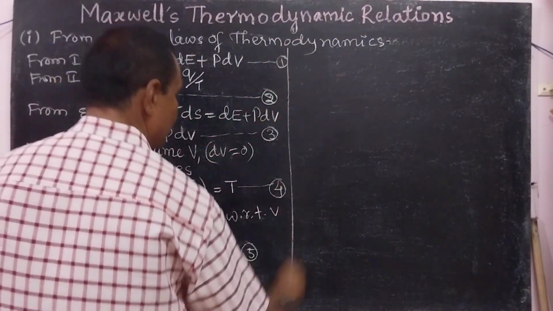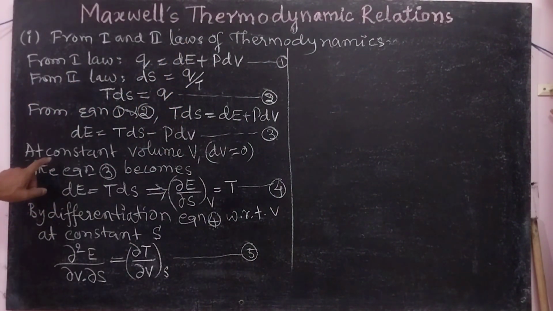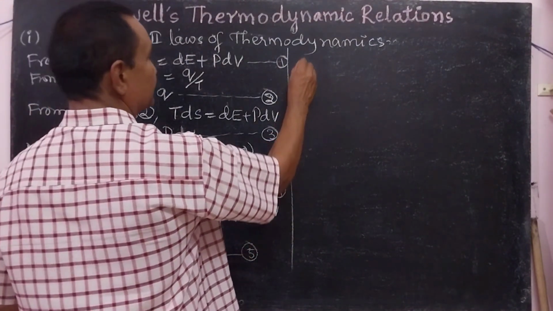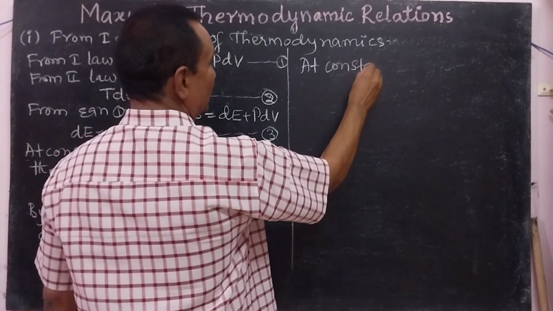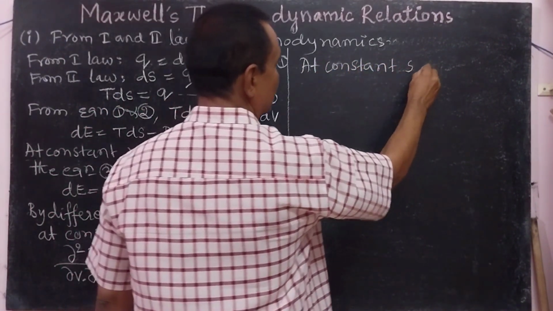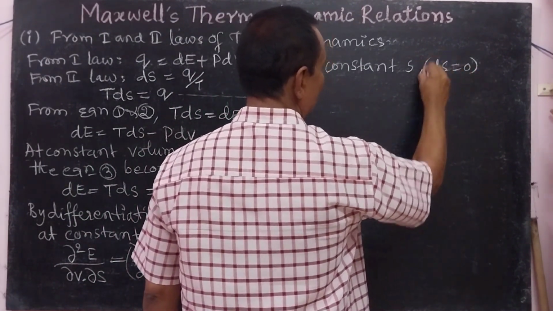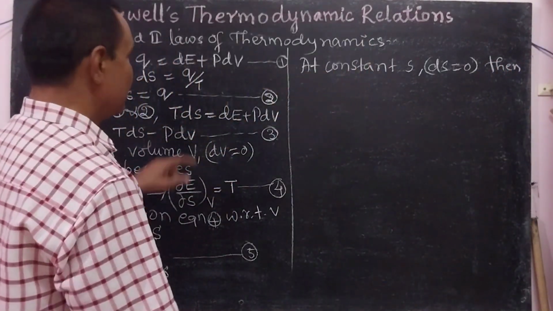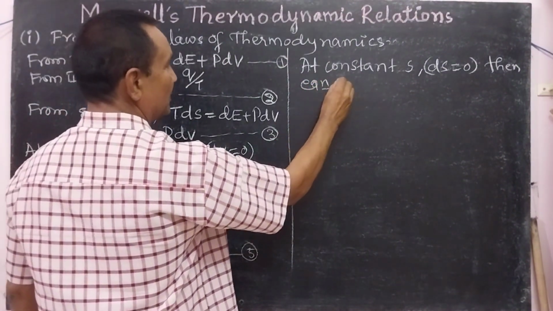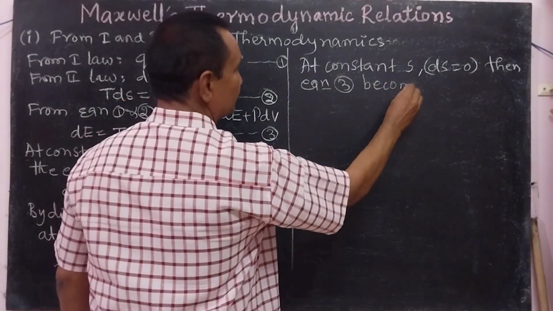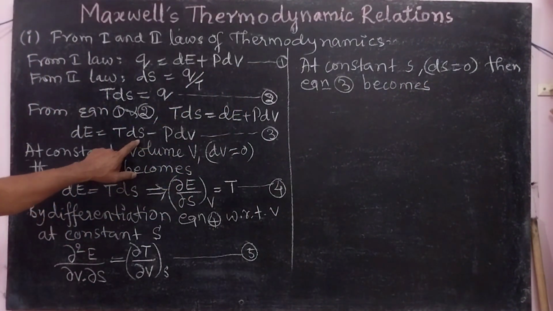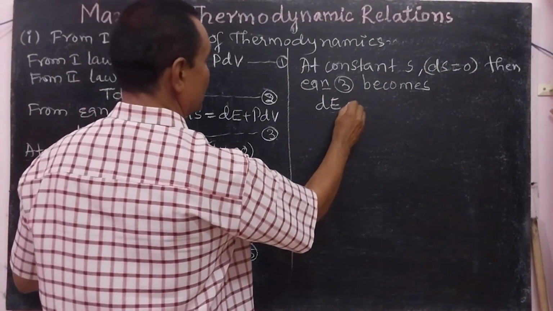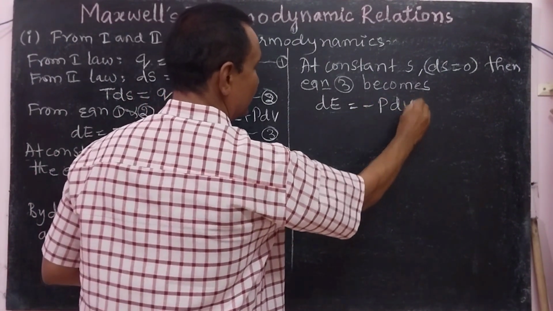Similarly, we can apply the condition to the same equation at constant S. Then dS becomes 0, and equation 3 becomes dE equal to minus P dV.